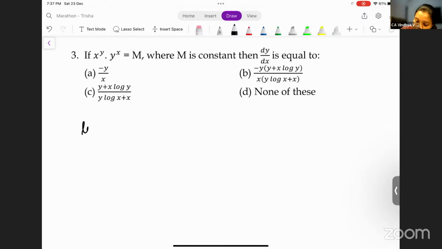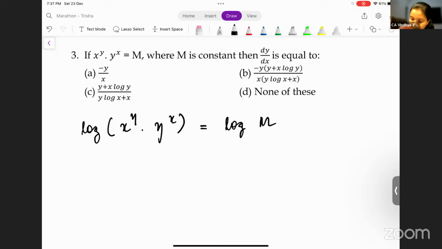When you apply log on both sides, you'll get log of x to the power y into y to the power x is equal to log m. You apply the log ab property here, which is log a plus log b.